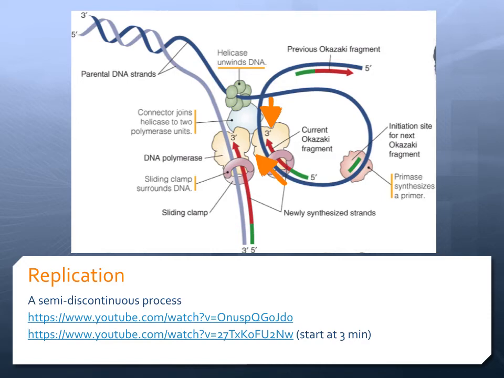The synthesis goes backwards while the polymerase goes forward, but they are maintained attached in a loop so that you can do the two things at the same time, like this.